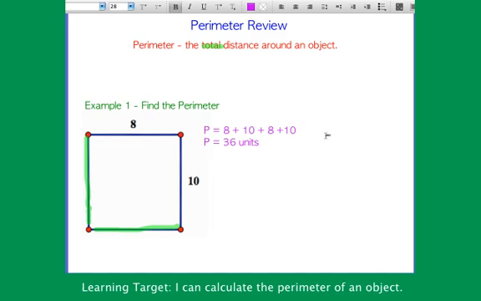There is a different way I could have done this. A little bit faster way maybe in some cases, depending on how big the shape is. Maybe not in this case, but if you'll notice, I had 8 listed 2 times and 10 listed 2 times. So what I can do here is 8 times 2 and 2 times 10, that's 20.